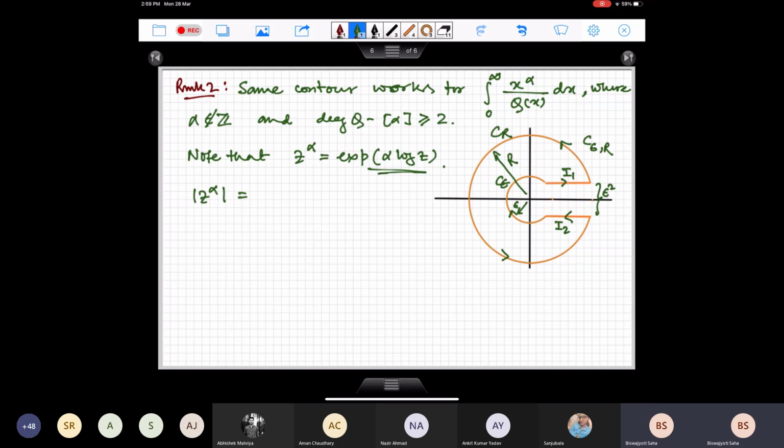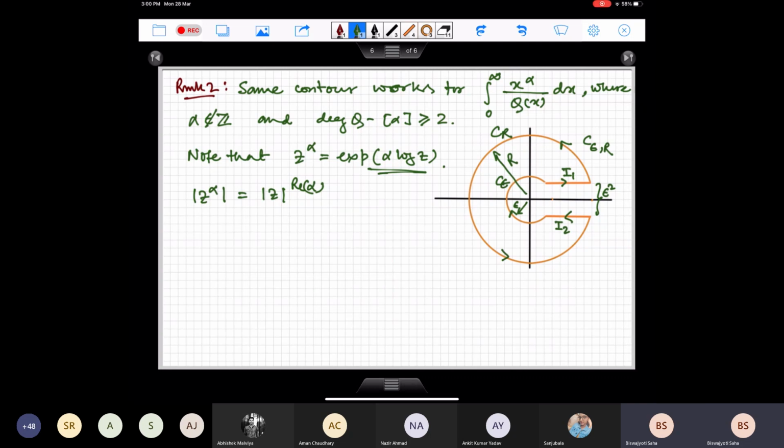That is nothing but mod z to the power real part of alpha. That is trivial, because you will have exponential of real part of alpha times log mod z. So you can work this out and see that mod z to the power alpha is mod z to the power real part of alpha.